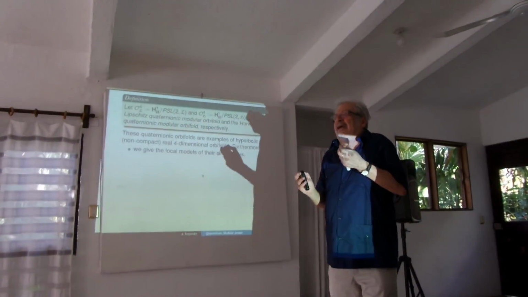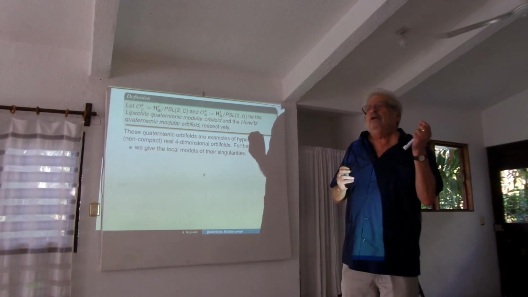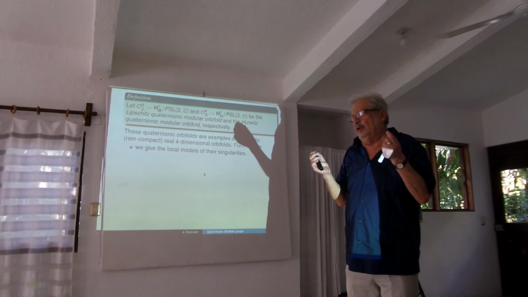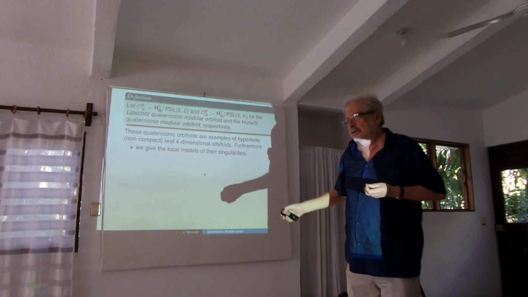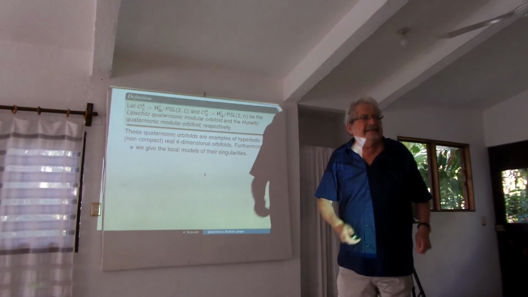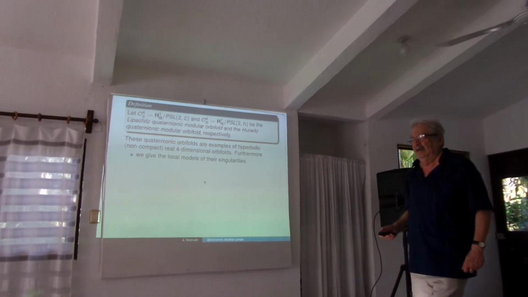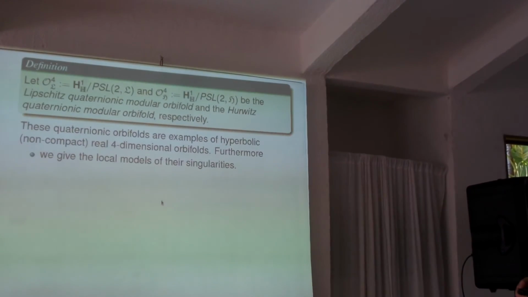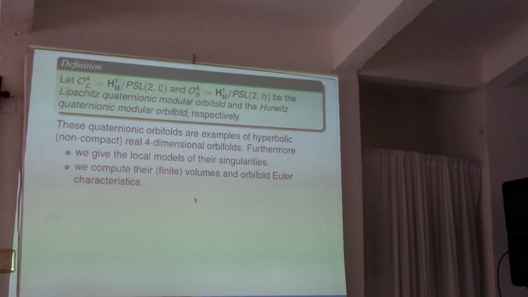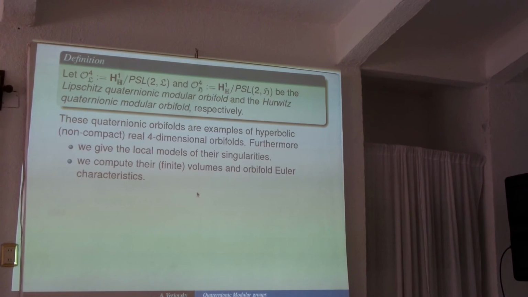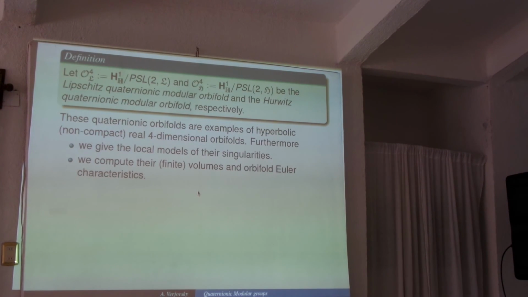Very complicated. The model orbifold has one singular point for the 2, one singular point for the 3, and a cusp at infinity. It has a skeleton and a very complicated stratification. We compute the volumes, they are all rational multiples of pi.